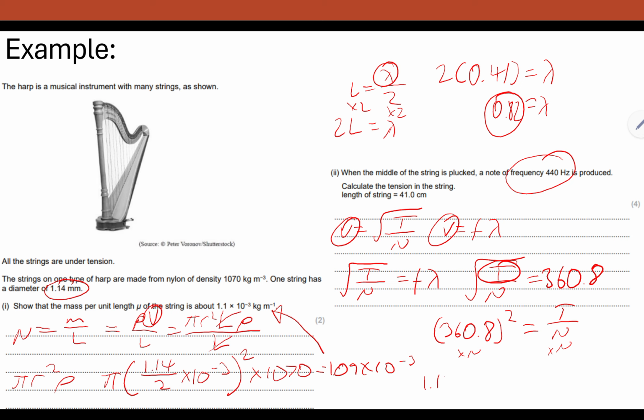So 1.1 times 10 to the power minus 3 times 360.8 squared is equal to 143 newtons. And because tension is a force, the unit is newtons. And there you have it.